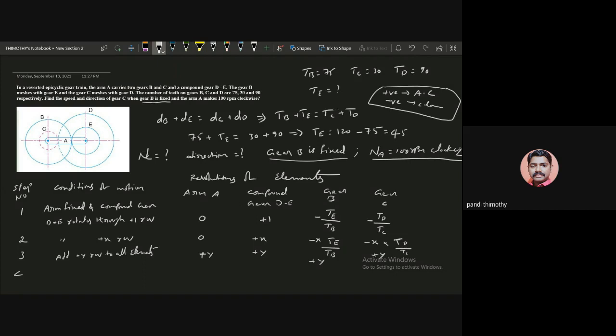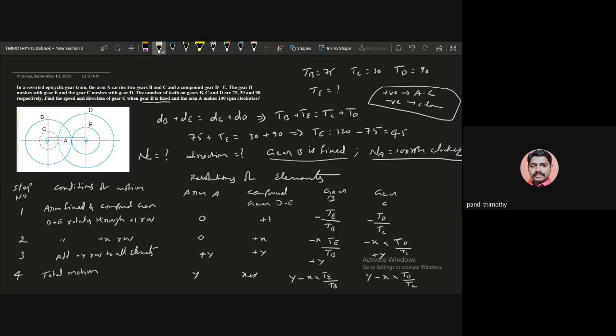Now, last step, that is total motion. Now I am summing up: arm plus y, compound gear DE x plus y, gear B that is y minus x into TE by TB, and for gear C, that is y minus x into TD by TC.